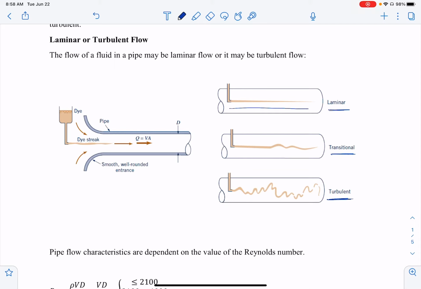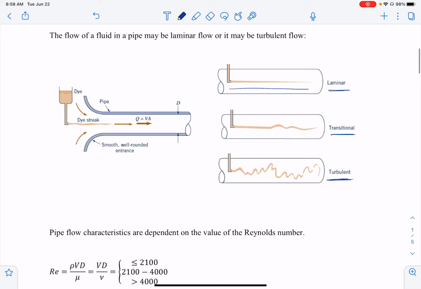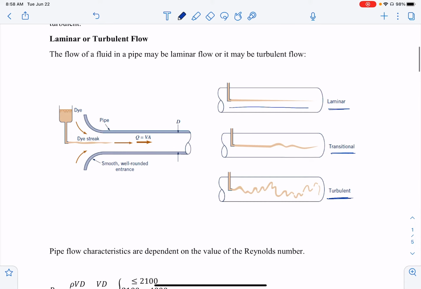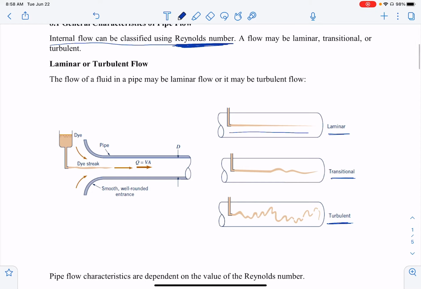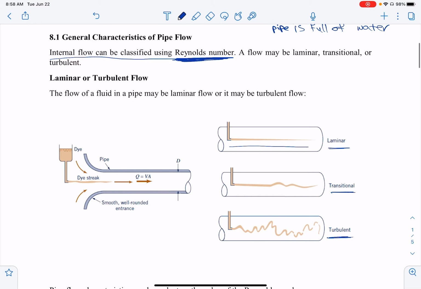So let's see what else we have here. Also, we can say that for laminar flow in a pipe, there is only one component of velocity, so we can say that V is u i.